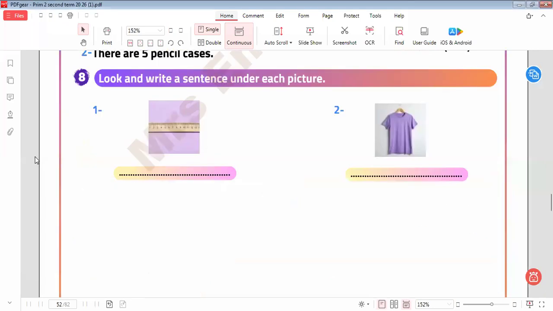We say here, I write here the simple sentence. It will be: this is a ruler. I will write a simple sentence to be able to write it in the exam. This is a ruler. And this is a t-shirt.